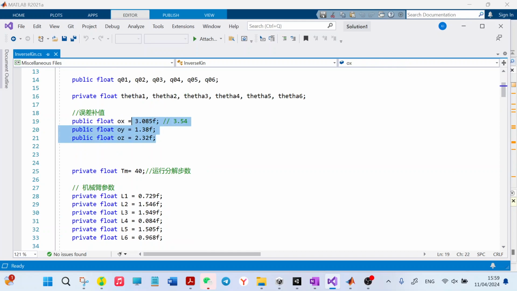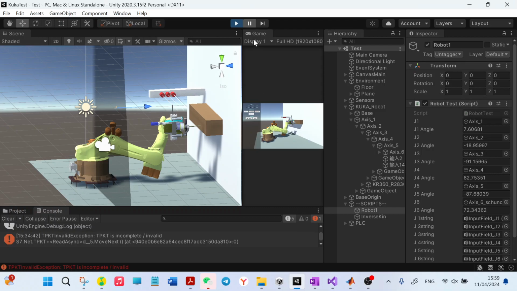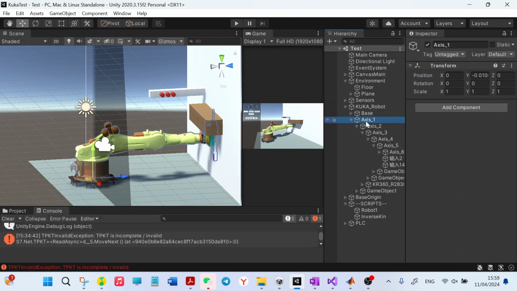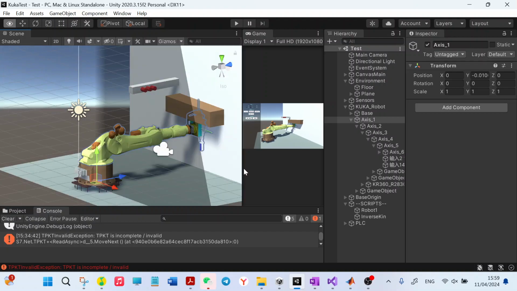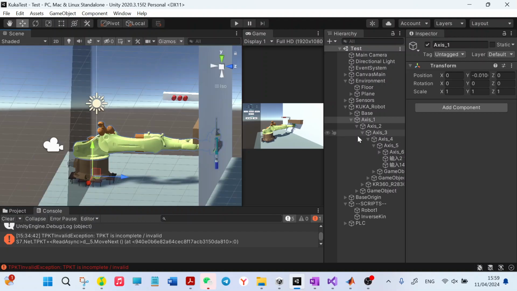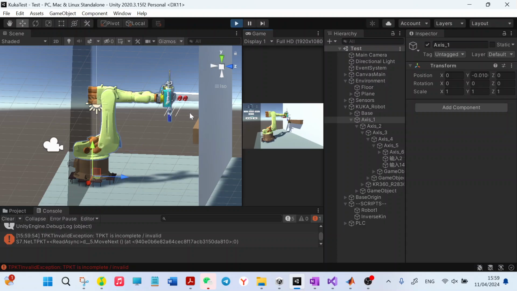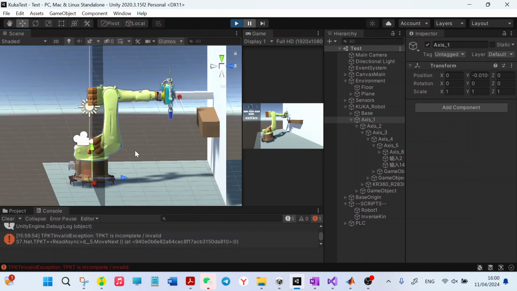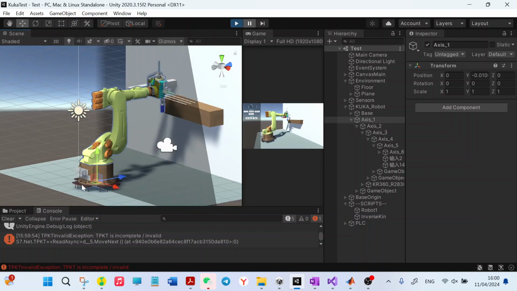Firstly, let's take a look at this point and how to get it. First of all, I adjusted every joint here. Let me also show you how to find the distances of the robot. Here is our start point.